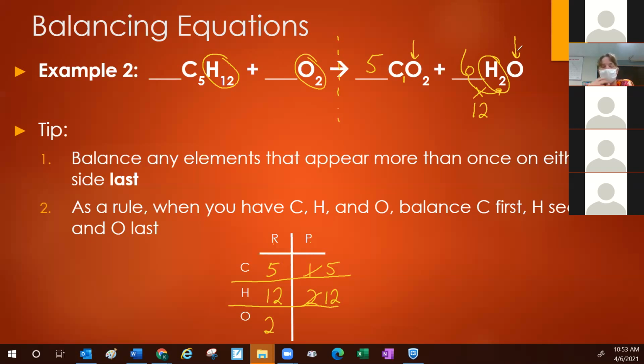So any coefficients that have been written, we have to account for, and we have to look at what's already there. So this first oxygen, there are 2 of them here in CO2, but because we added that 5 in front already, we have to multiply that. So 5 times 2 means that there's actually 10 oxygens in that portion of the product.